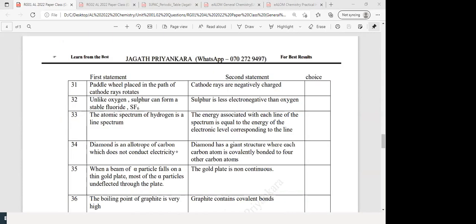True and false, third. False and true, like that. You have to check the first statement and second statement separately, and then find the relationship. Anyway, I have given the instruction above. Okay, who can guess the first one? This is also from your general chemistry, all of you have done this, right? 31st, can you quickly post the answer in the chat? Hurry up.